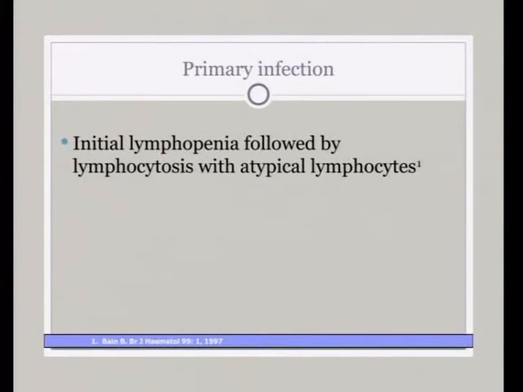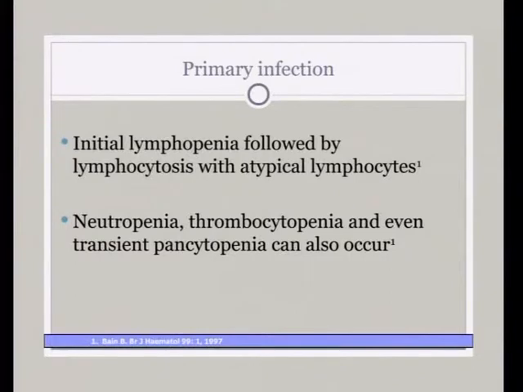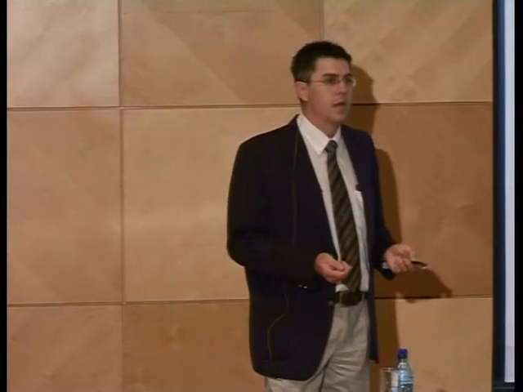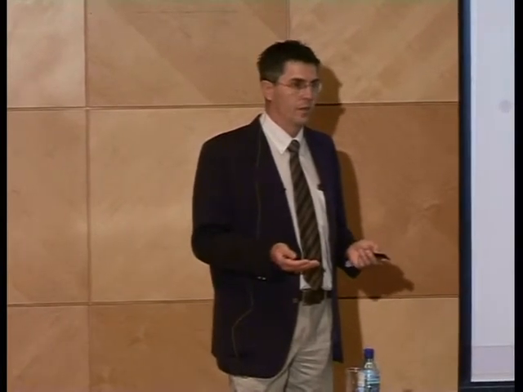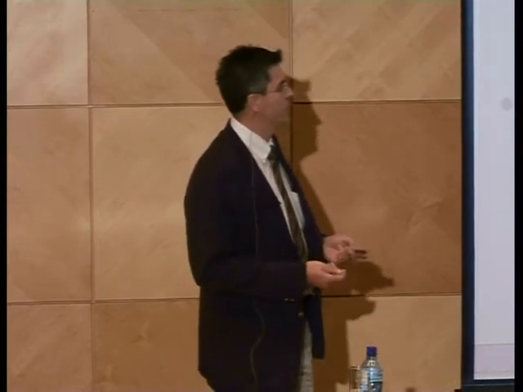So initially, when the patient has a primary infection, a lymphopenia will be short-lived, followed by a lymphocytosis, and usually these cells will be atypical lymphocytes. And then neutropenia, thrombocytopenia, low levels of platelets, and even transient pancytopenia can follow early on after this primary infection. And it can look very much like the infectious mononucleosis associated with the Epstein-Barr virus in terms of the morphology of these cells.